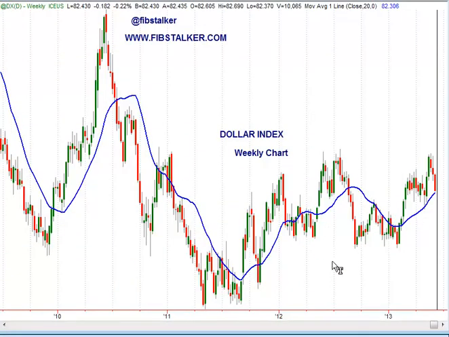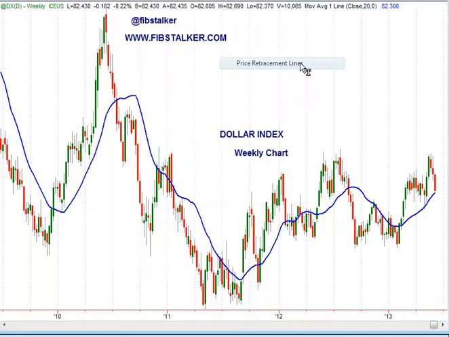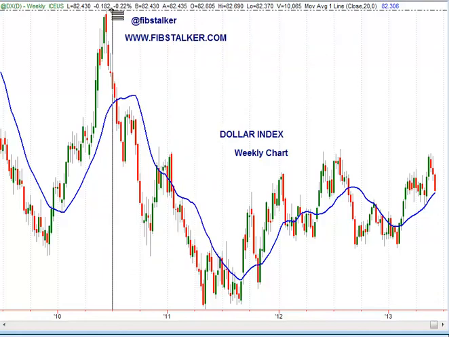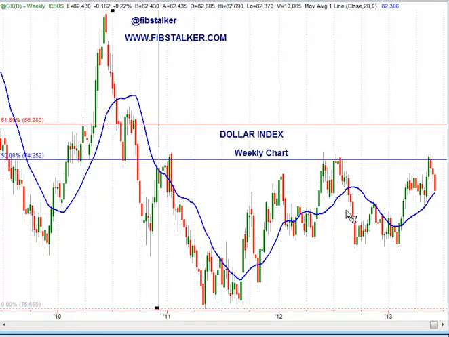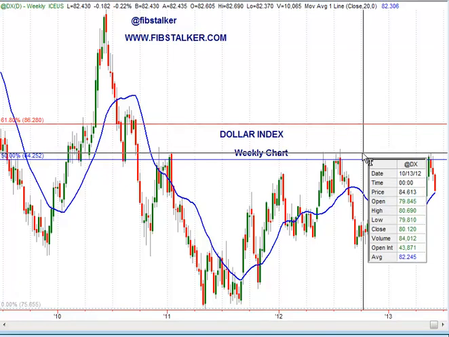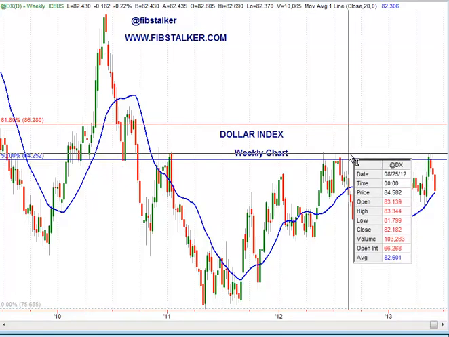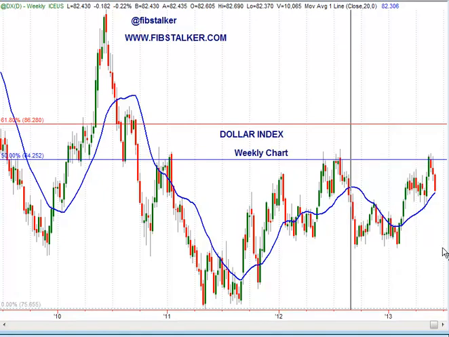I want to show you the weekly chart first, and show you how the dollar reacted, of course, to this area of offer here that is located in the 84.25 area, and we could assume that maybe Bernanke has this 84.60, 84.70 level as his line in the sand.